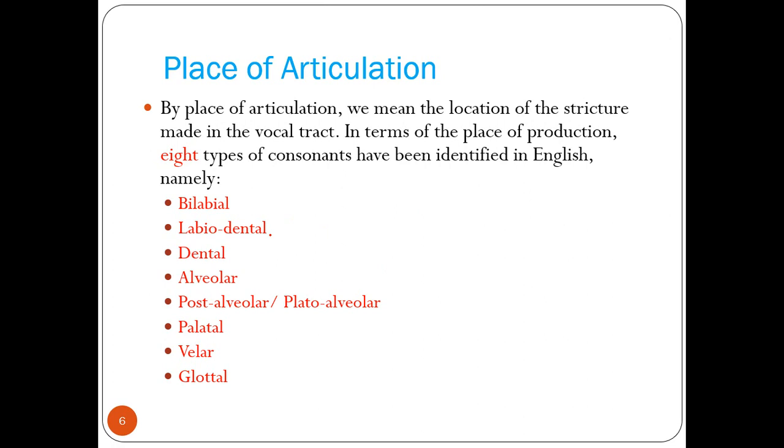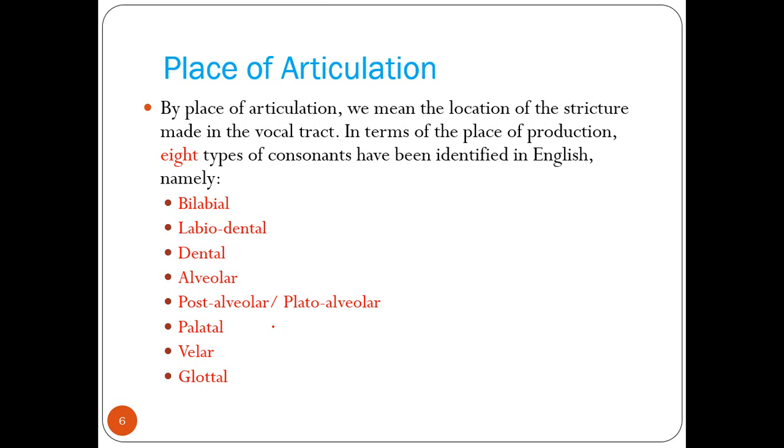And then we have the alveolar ridge, and such sounds are called alveolar sounds. Why do we call them that? Because the tongue makes contact with the alveolar ridge. Then we have got the fifth classification, and that's post-alveolar, or sometimes we call them palato-alveolar.